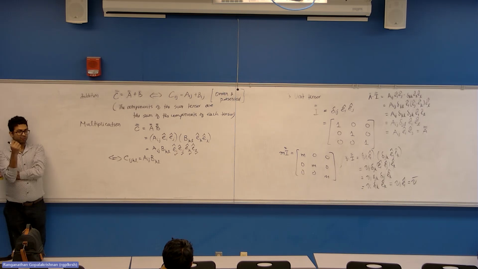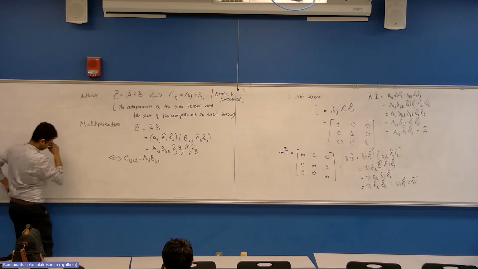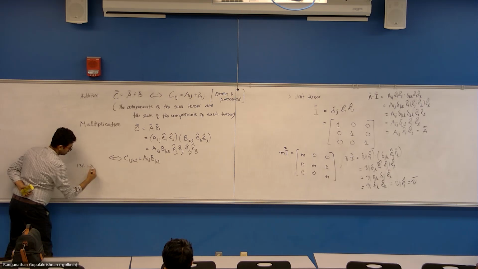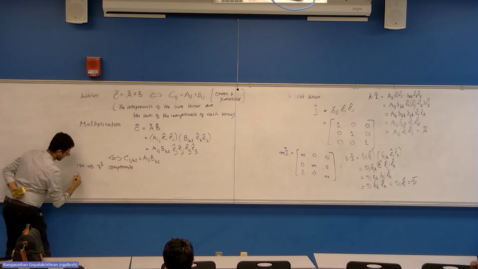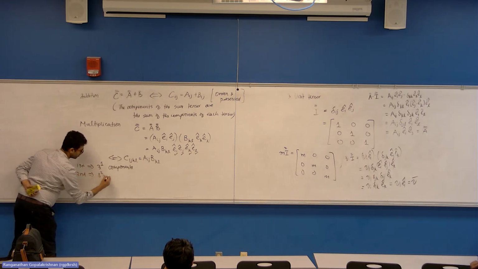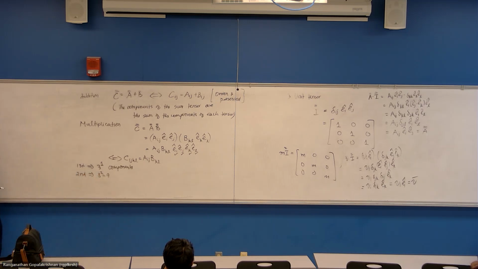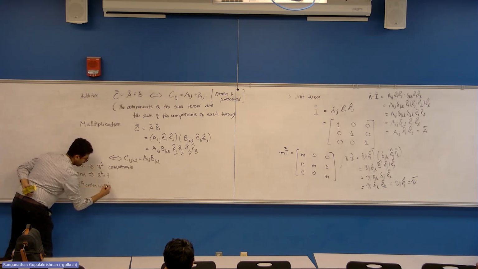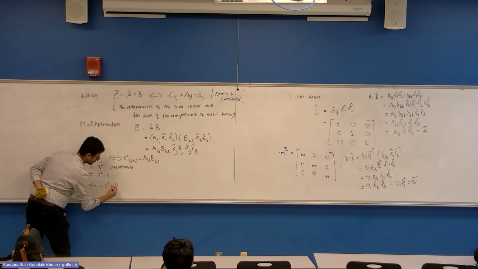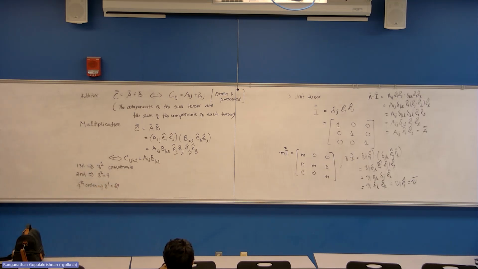If it's a second order tensor, how many components? 3 squared, 9, right? So if it's a first order tensor, that is 3 power 1 components. It's a second order tensor, that is 3 squared equal to 9 components. If it's a fourth order tensor, that would make it 3 to the fourth, 81 components. Basically, it's a matrix of 9 by 9.